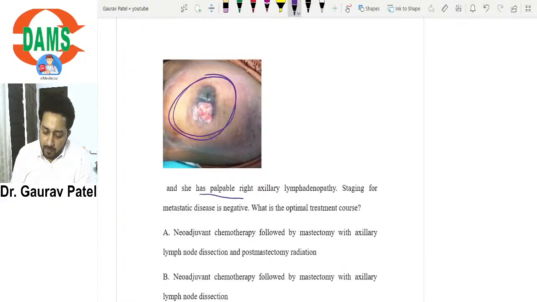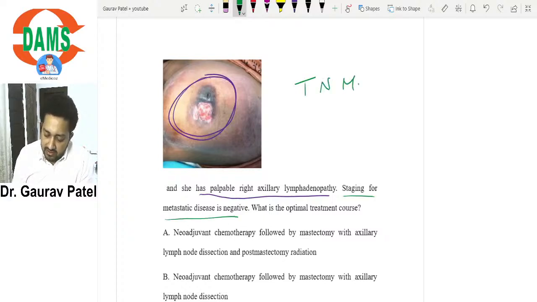And she has a palpable right axillary lymphadenopathy. Okay, so tell me if you know TNM staging. Staging for the metastatic disease is negative, so I'll write M0 here. Palpable right axillary lymph nodes. Let me give you another hint, it is mobile.